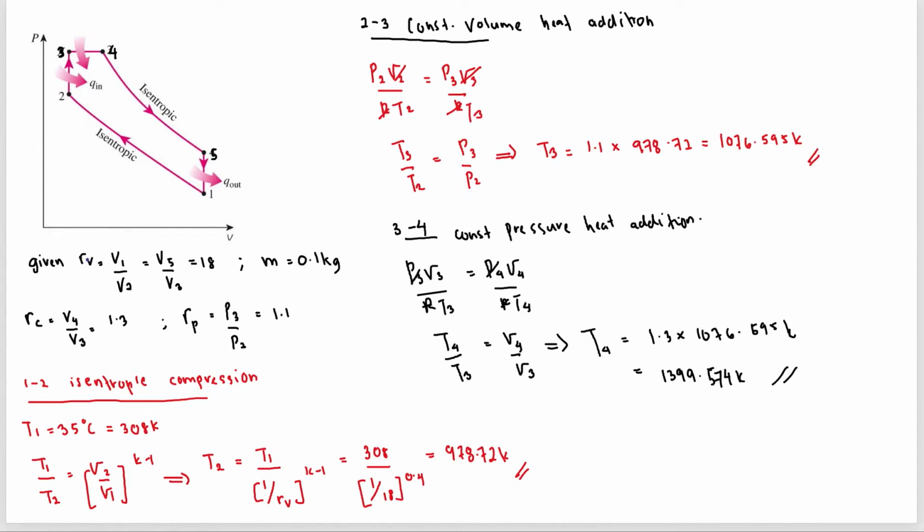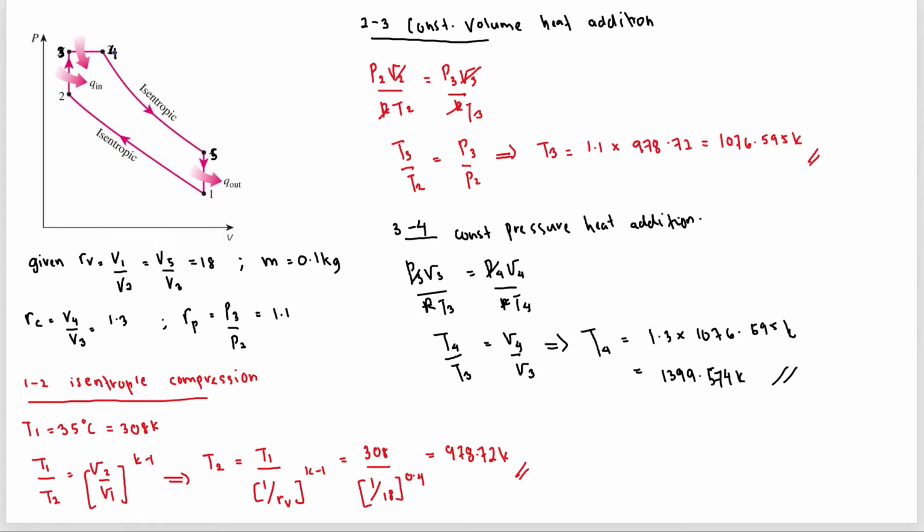Given the compression ratio RV is 18, and compression ratio is V1 over V2, where V1 is equal to V5 and V2 is equal to V3. Mass is 0.1.